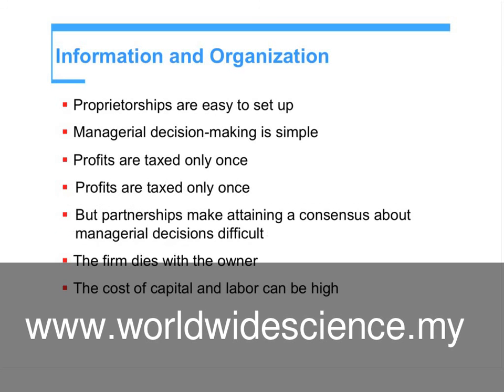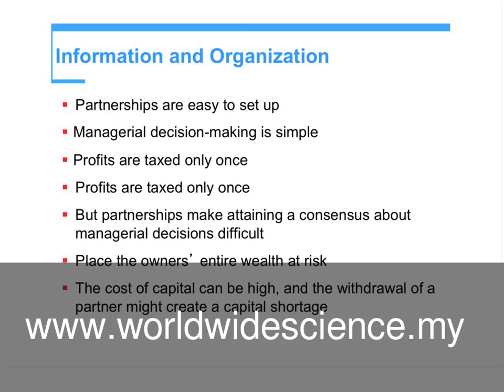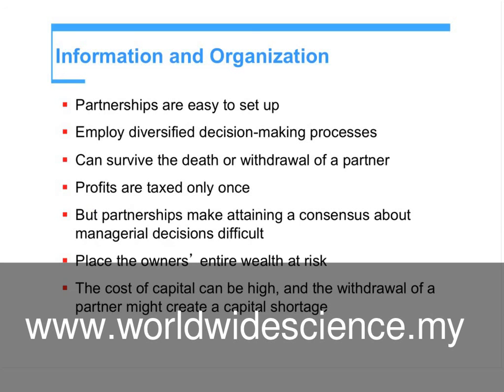But partnerships make attaining a consensus about managerial decisions difficult. Sometimes getting a solid unanimous agreement on something is difficult, because one owner might decide something and the other might say something else. So for them to agree, it's not always easy.